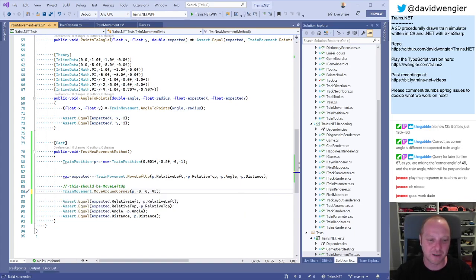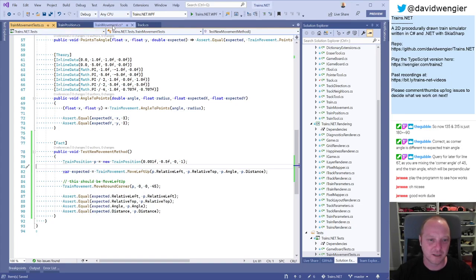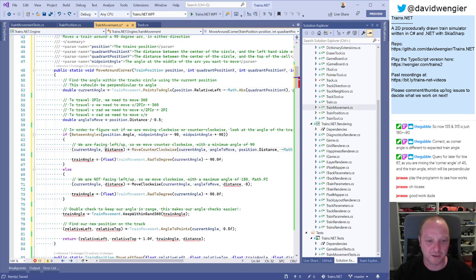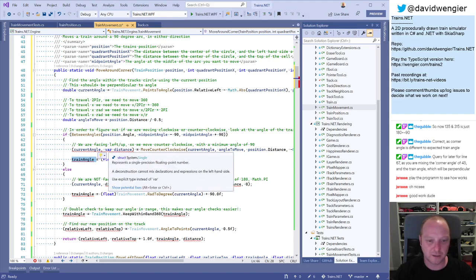Okay, so yeah, in theory, if I run this test, does this compile? No, okay, let's get this compiling first. Can I put a var there? That's weird, no. Okay. Current angle already exists, so we want a var there. Oh, I can't do that. The expression cannot be a function expression. Oh.